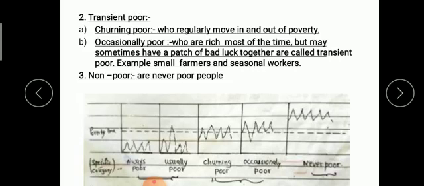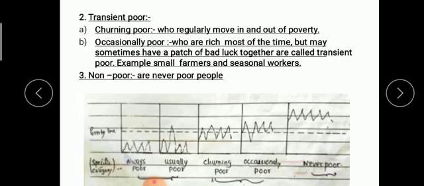Examples of such transient poor are small farmers, छोटे छोटे farmers, गरीब farmers, and seasonal workers. Seasonal workers are those not employed throughout the year; they have work in season. Then the third grouping is non-poor.